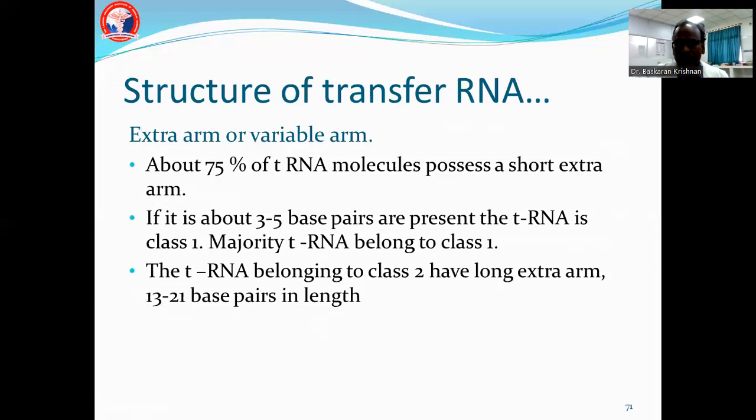In continuation of the structure of tRNA, the extra arm or variable arm: more than 70% of tRNA molecules have a short extra arm, about 3 to 5 base pairs, and that is class 1, while the rest, class 2, have extra arms 13 to 21 base pairs in length.